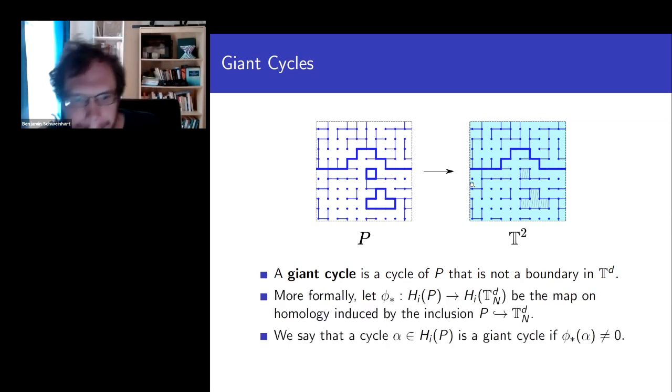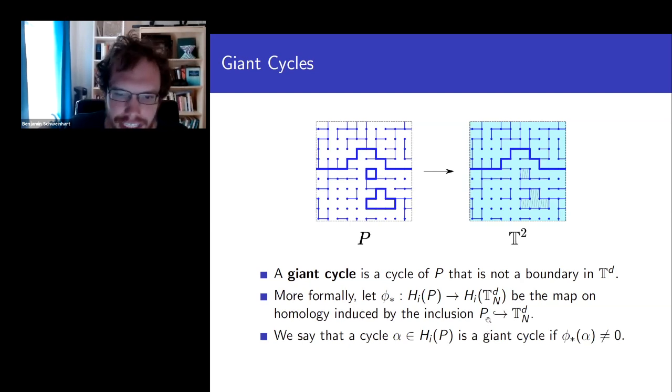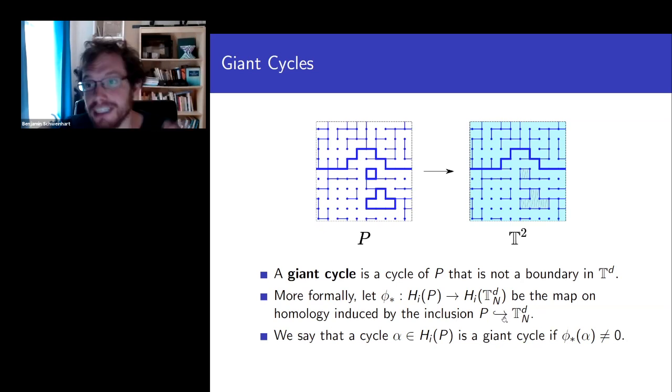So more formally, there's a continuous function from our plaquette system to the d-dimensional torus given by just inclusion. And it turns out that this induces a linear map on the homology, from the I-dimensional homology of the plaquette percolation P to the I-dimensional homology of the D torus.